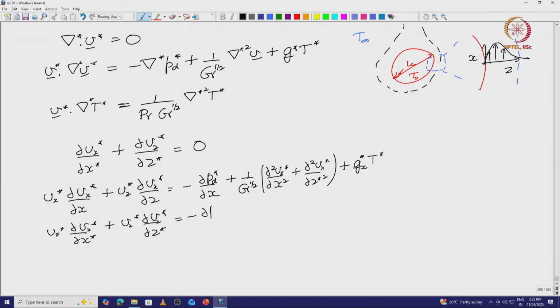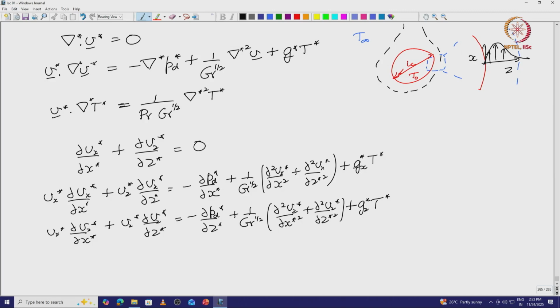So, minus partial P by partial z plus 1 by Grashof to the power half into partial square Vz by partial x square plus partial square Vz by partial z square plus Gz into T.